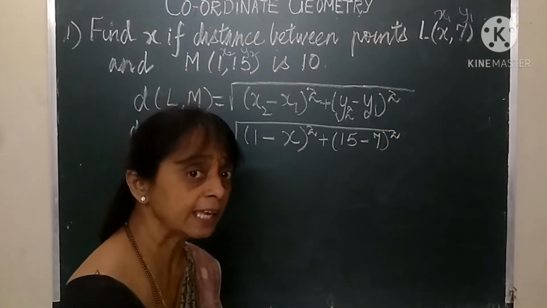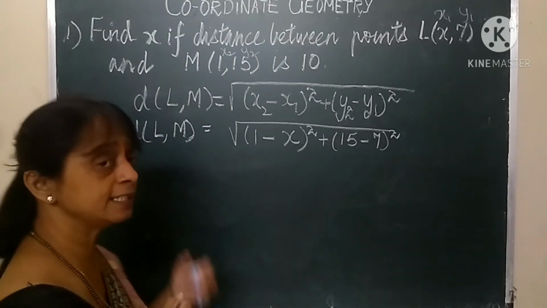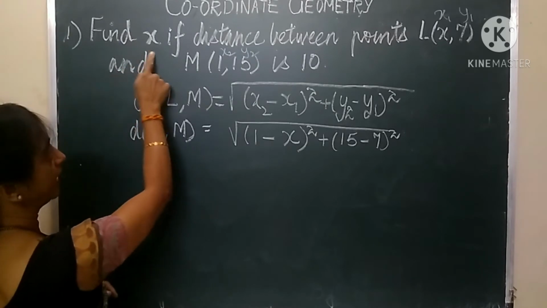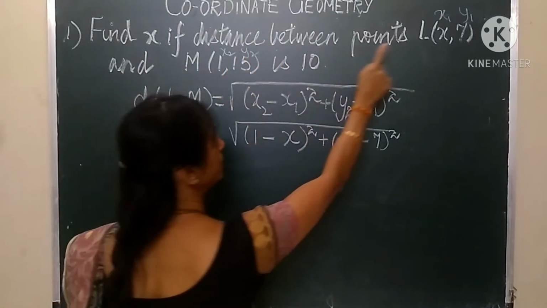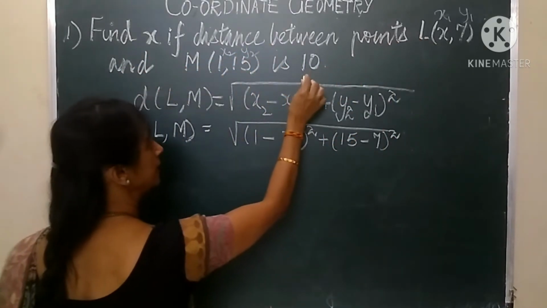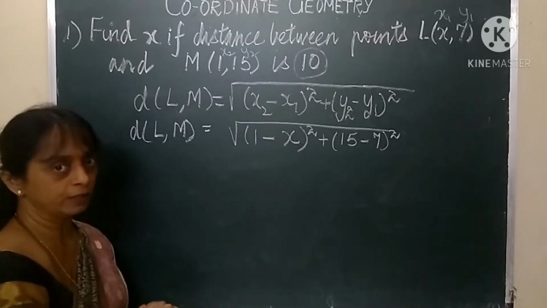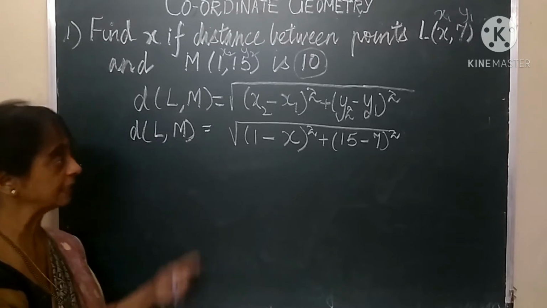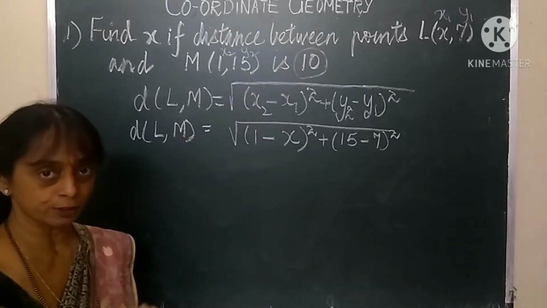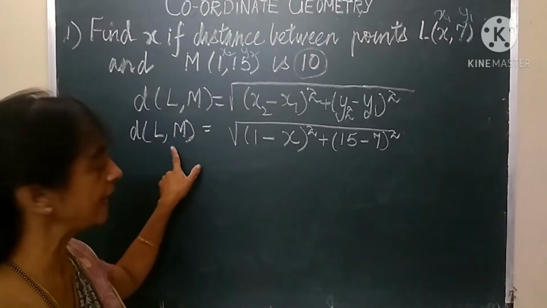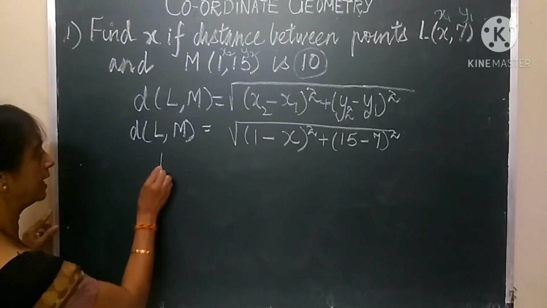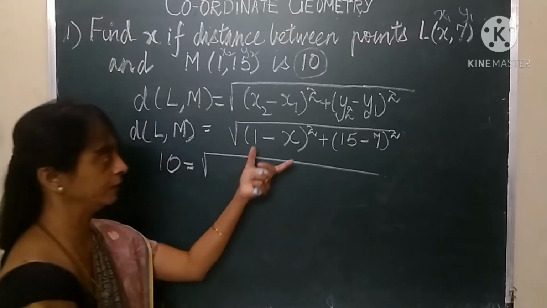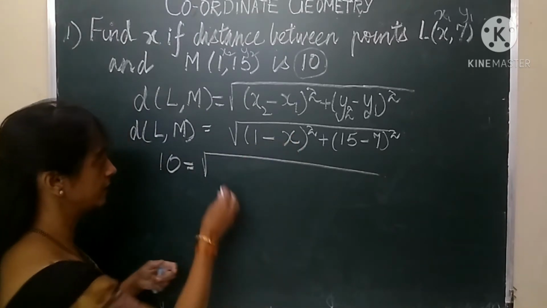Now children, let's see, distance LM is already given to us. Definitely we are saying that find x if the distance between the 2 points L and M is 10. So over here, could we have substituted 10 in this place? Definitely, distance LM is equal to 10. So we can directly substitute distance LM as 10, which is equal to square root of, now over here, it's a binomial which is square.